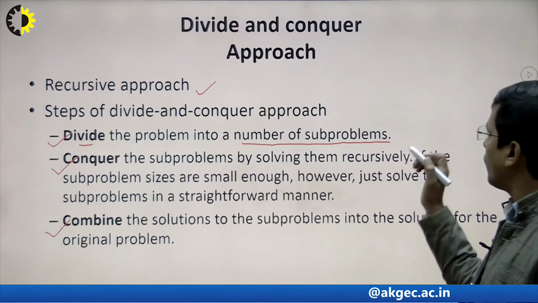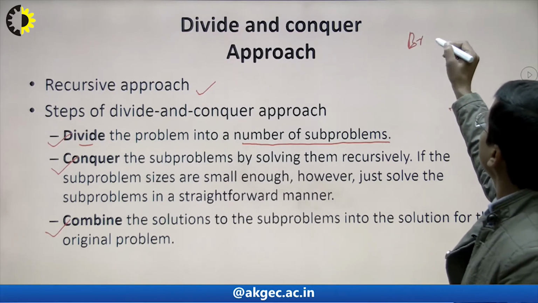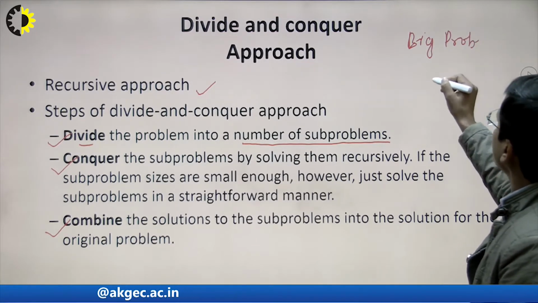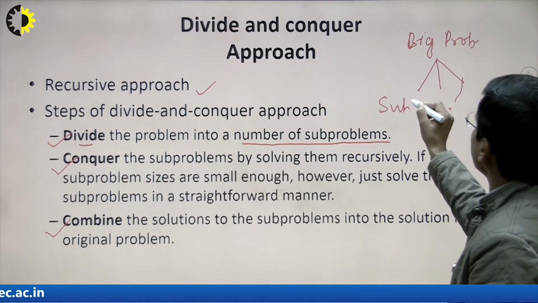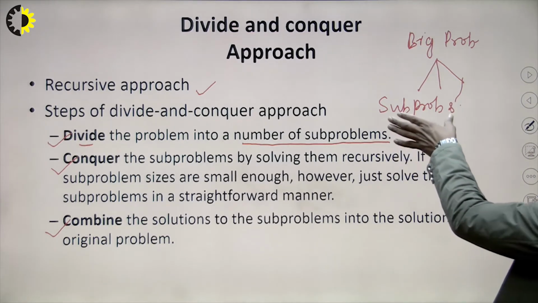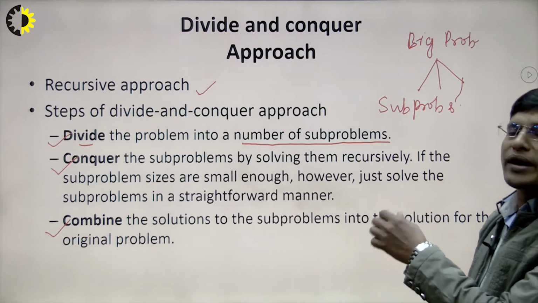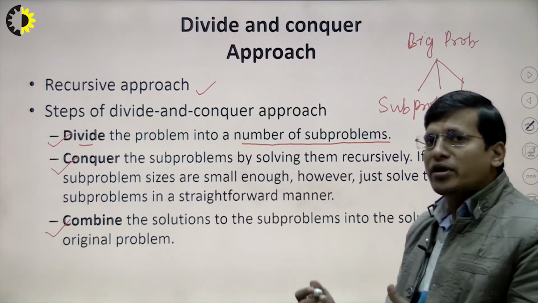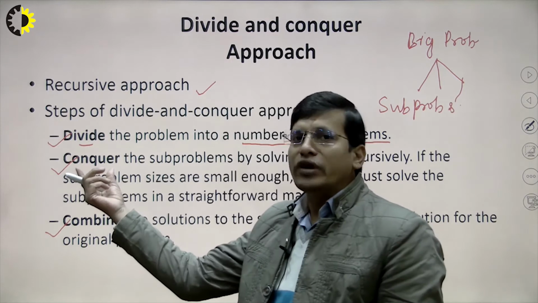So basically, suppose we have a big problem, and now we are dividing this problem into sub problems, right? And if the sub problem is still large, we have to divide these sub problems again into smaller sub problems, and then try to solve them, right? So the solving approach is the recursive approach, and the conquer step does this, right?